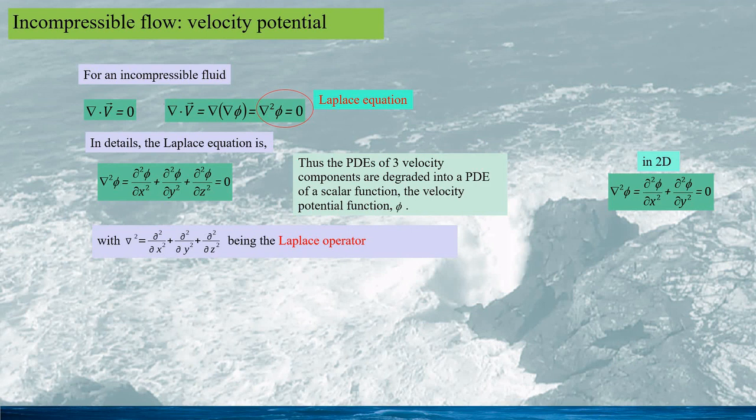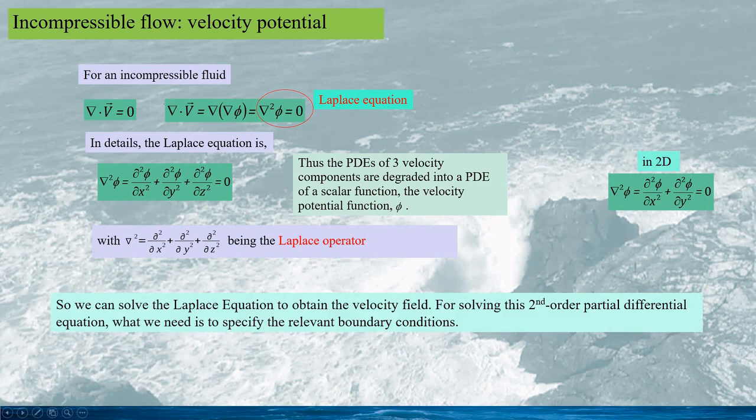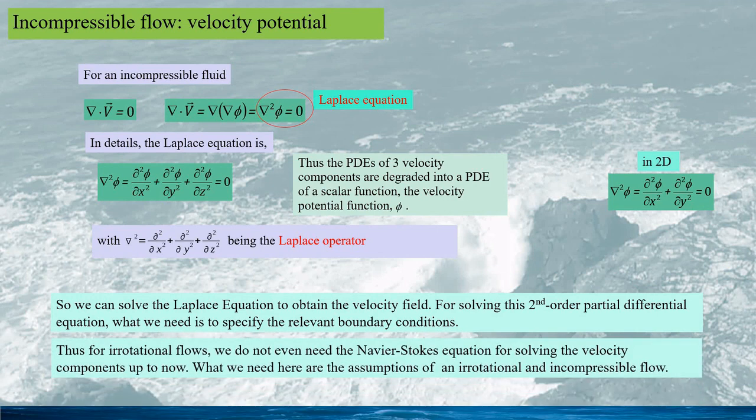To solve the Laplace equation, a partial differential equation, we need to specify the relevant boundary conditions. It is interesting to notice that we haven't used the Navier-Stokes equation or Euler equation in the irrotational flow yet, since here we only apply the conditions of an irrotational flow and incompressible flow. The equation for the velocity potential function can already be established.